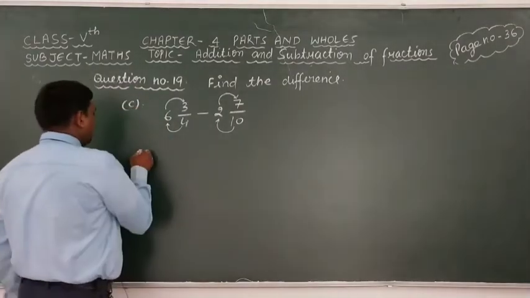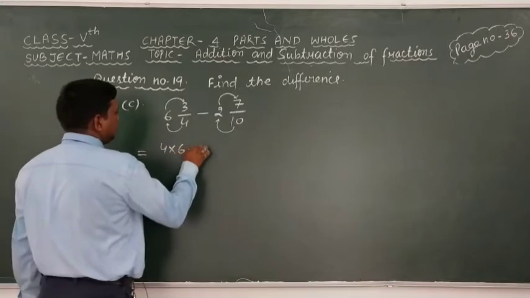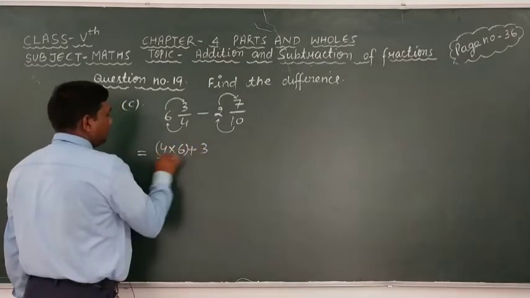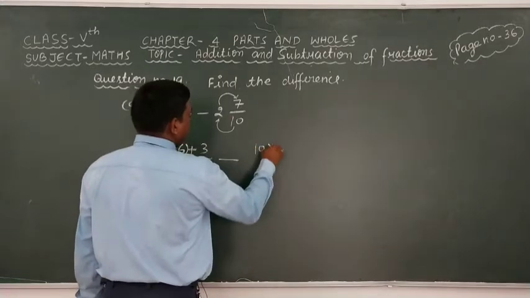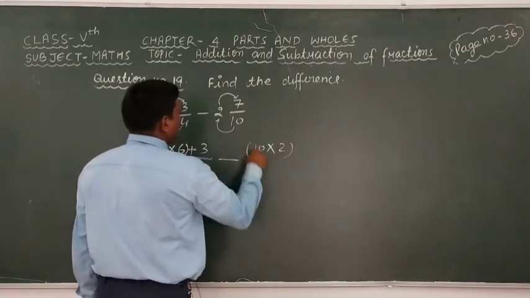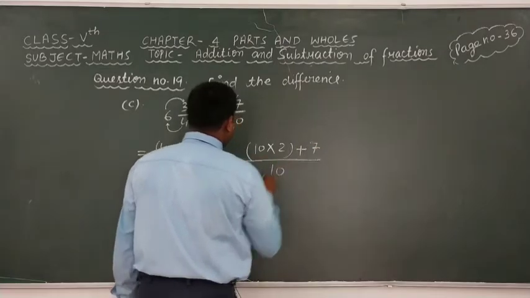Okay, look at here carefully. Here we can write 4 into 6 plus 3 over 4 minus 10 into 2 plus 7 divided by 10.